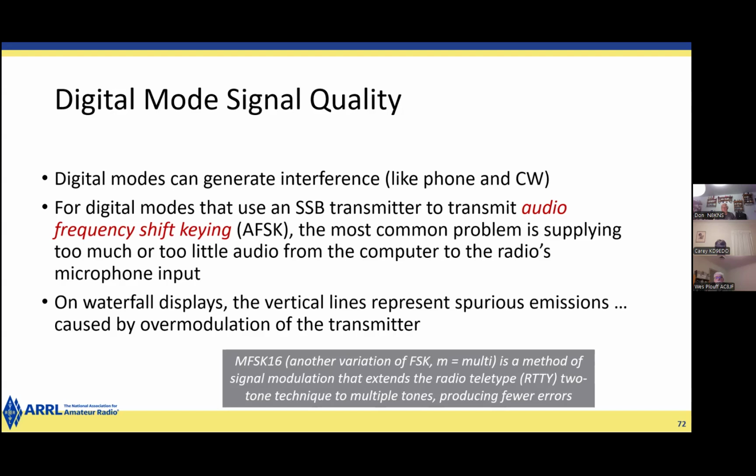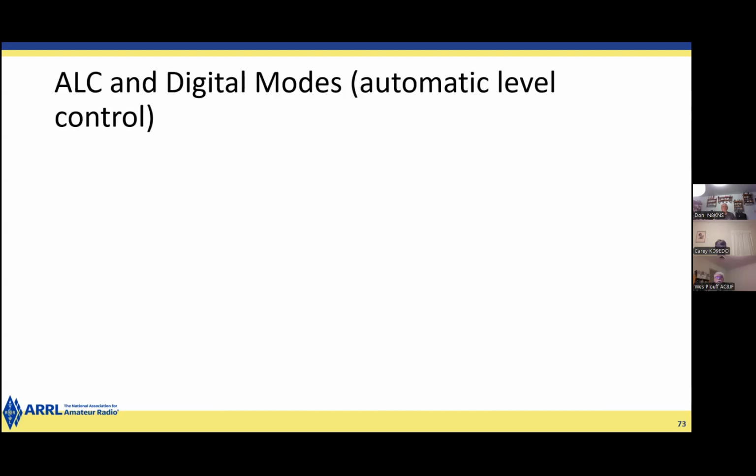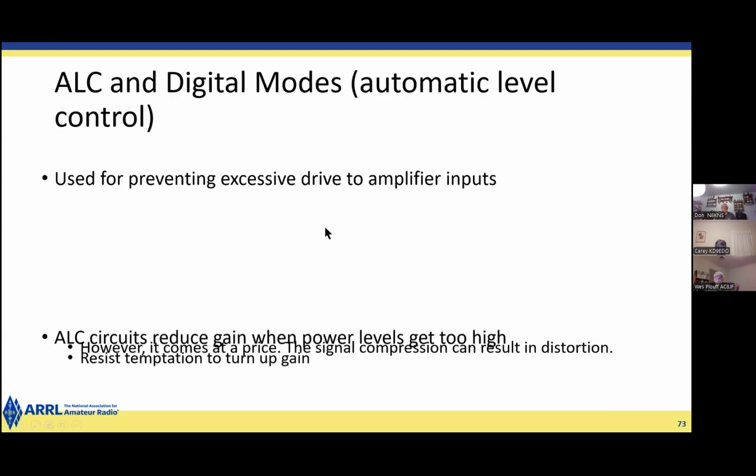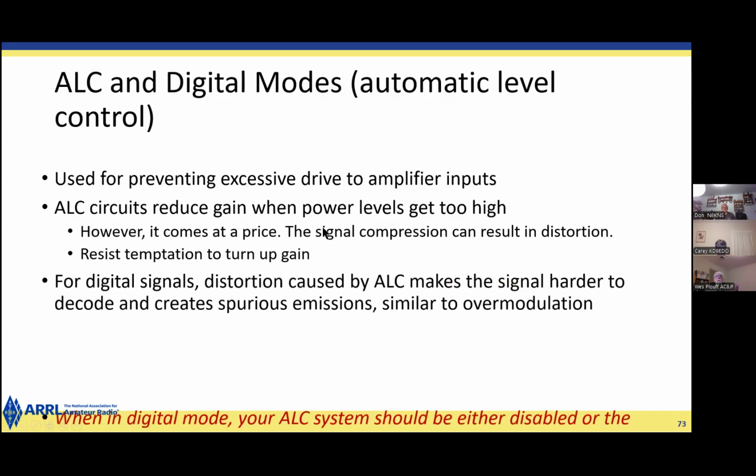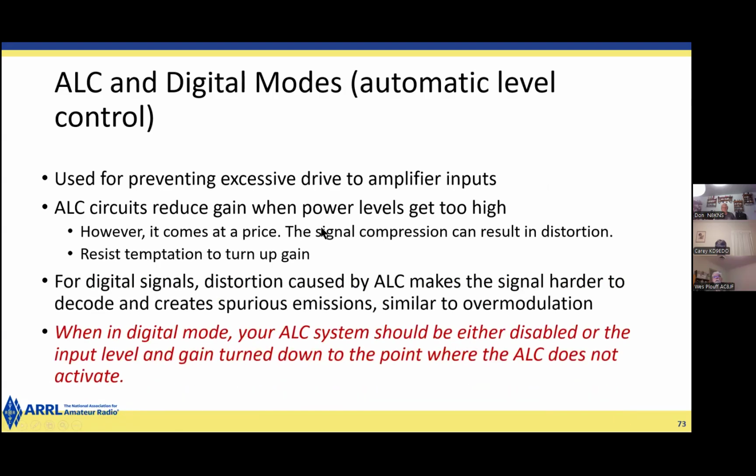Your transmitter usually has something called automatic level control, or ALC, and you have to adjust that carefully. When you're using voice, you use it to prevent your voice peaks from overdriving the power amplifier and causing distortion.